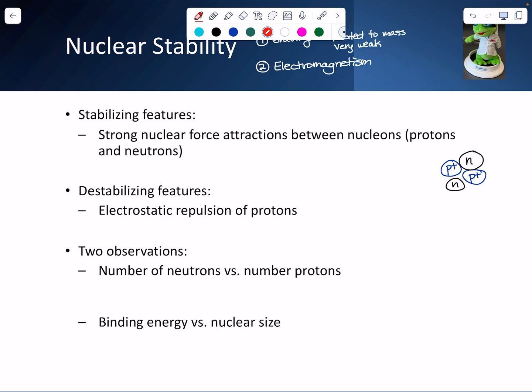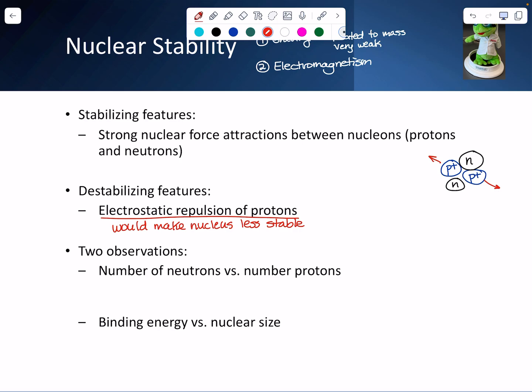So that's going to be a destabilizing force. Electrostatic repulsion of protons is something that would make the nucleus less stable. So that cannot explain why all the protons are found in this tiny little area, okay?